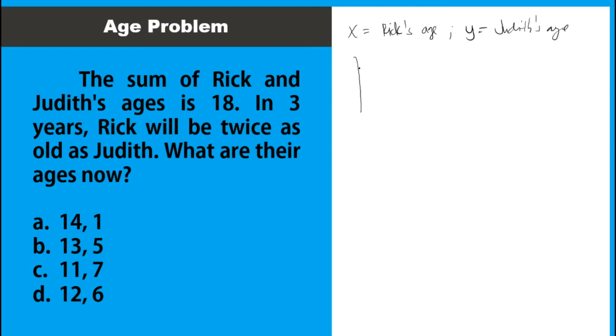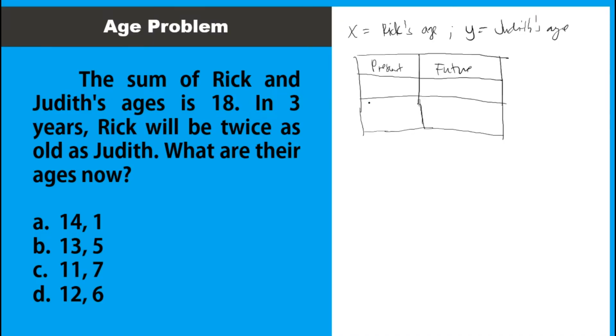So you have your table, with the present and the future, in 3 years. The first row will be Rick, that is X, and the second row will be Judith, that is Y. In 3 years, their ages will be X plus 3 for Rick and Y plus 3 for Judith.